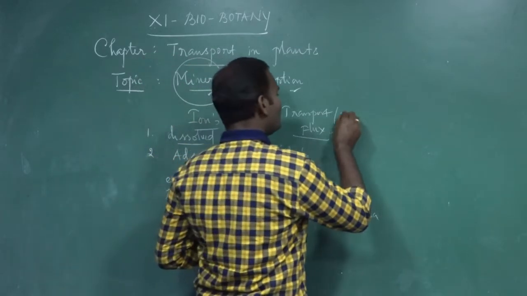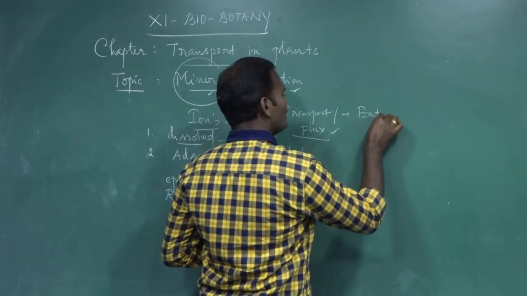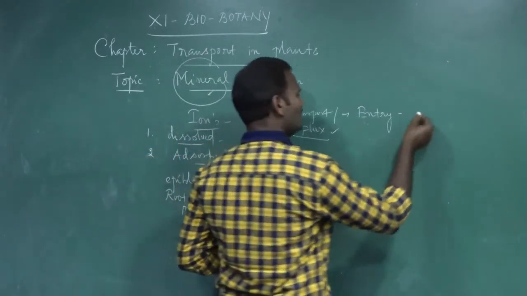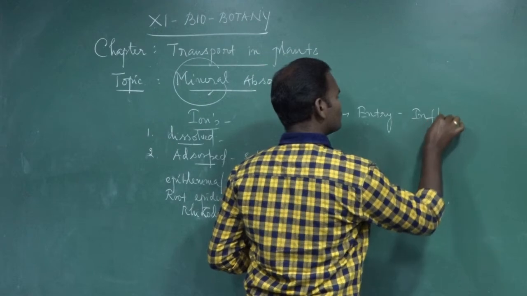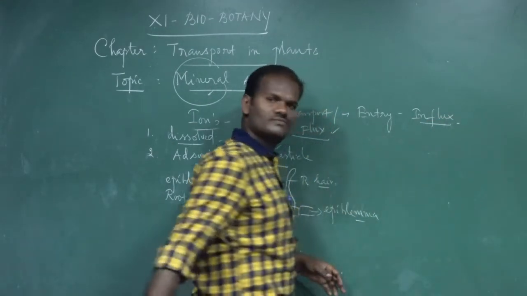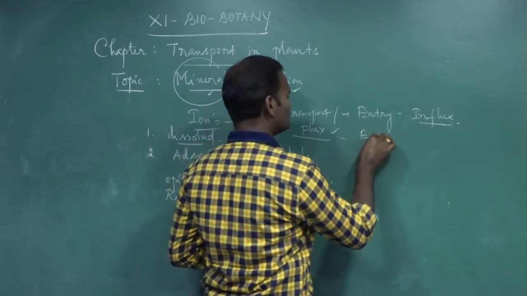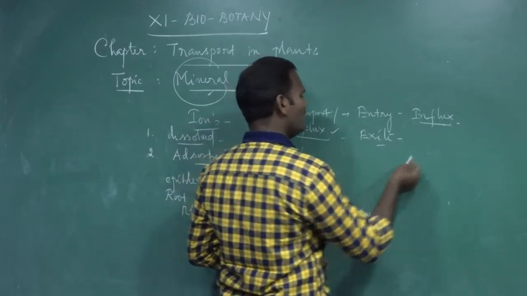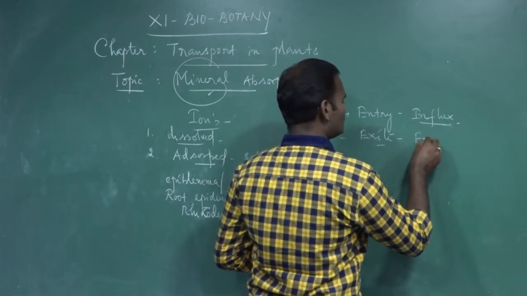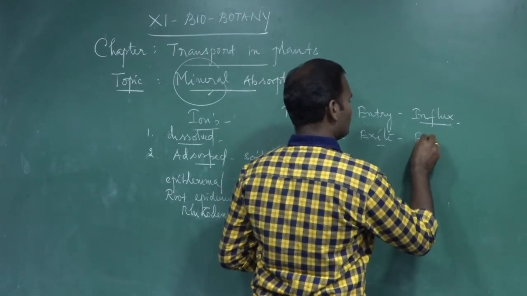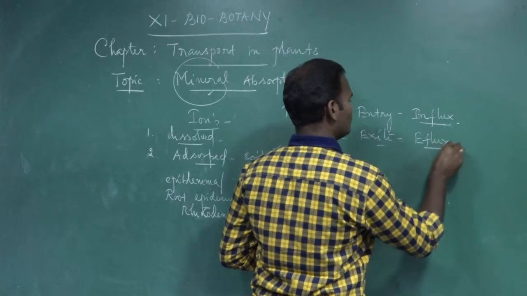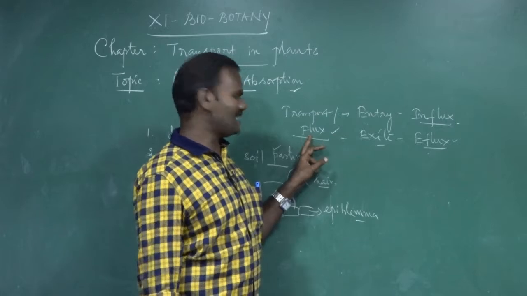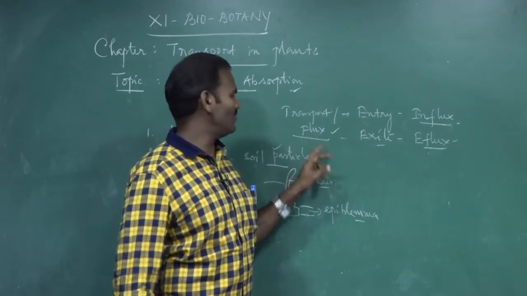The entry of ions into the cells is called influx. The exit of ions from the cell to the external medium is called efflux. So influx and efflux together are generally called flux, or transport.